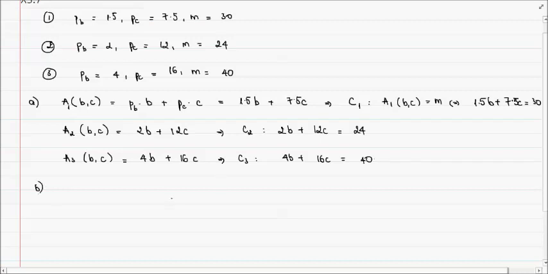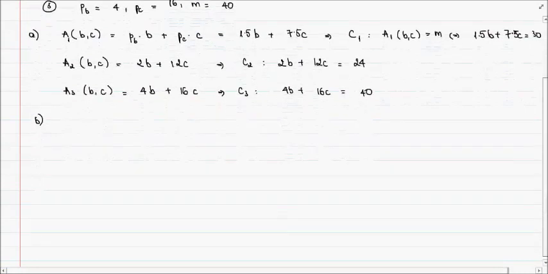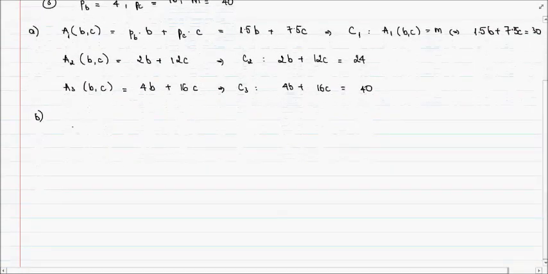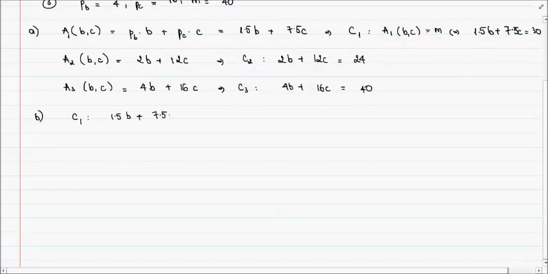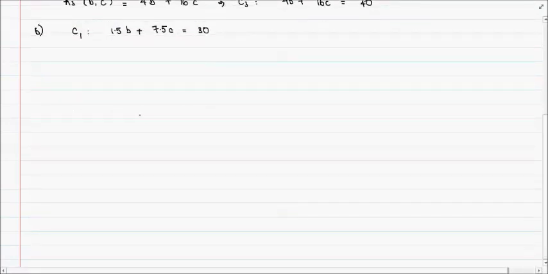So part B is asking you to sketch separate diagrams showing the budget set B and the budget constraint C. We're going to do the first case first, where C1 is 1.5B plus 7.5C equals 30.